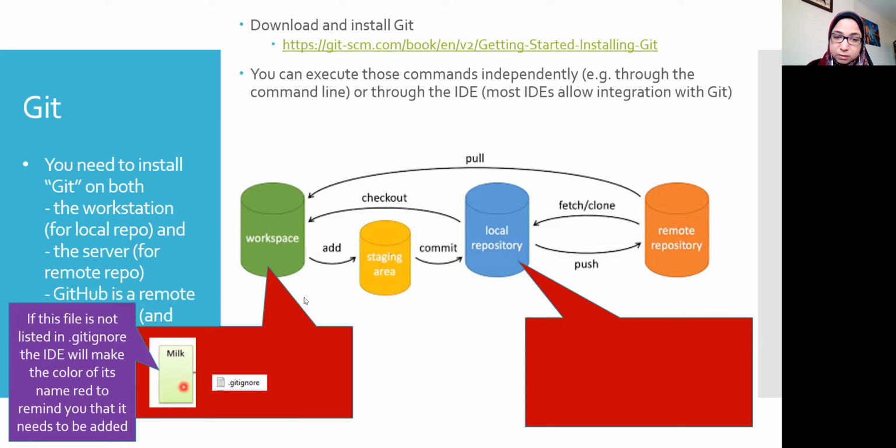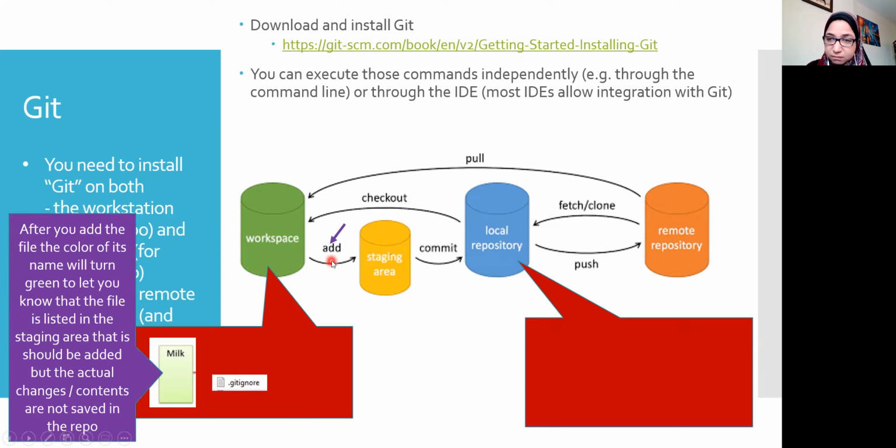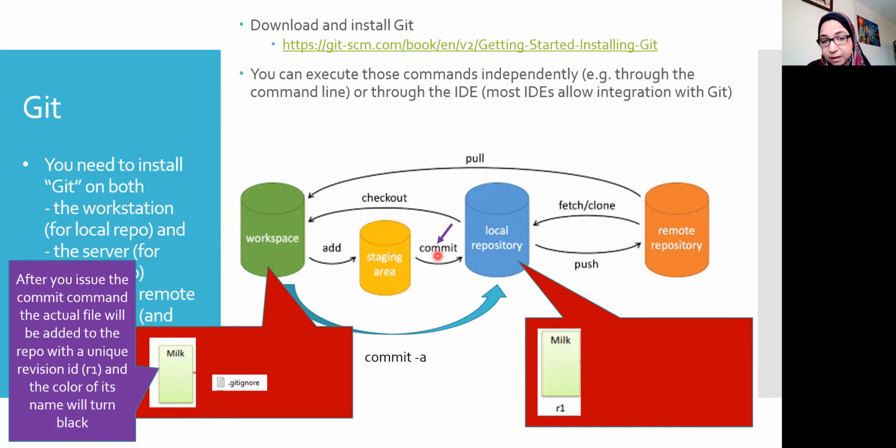Okay, so when you issue the command add, either on the command line or through the IDE, it will turn green because it will be added to the staging area. So it's not in the local repository yet, it's in the staging area. Only when you issue the command commit will a copy of that file be added to the repository, and it will be given a unique ID.